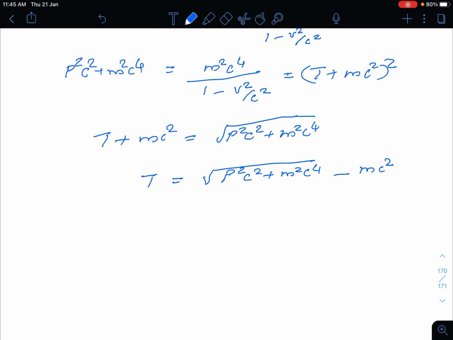Now suppose p is much less than mc. So what will happen? We can do something like, let's take mc square outside.